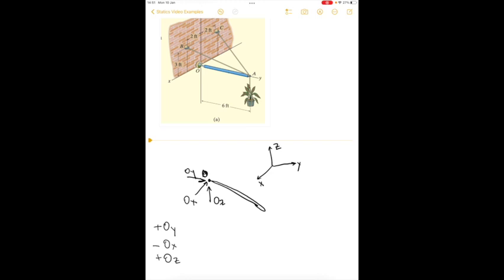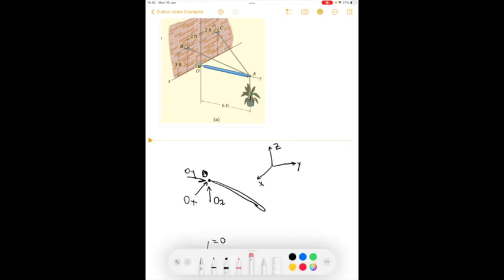Now it's important to remember to use the plus and minus signs in the way that you draw the diagram. So it's always important to think how you expect each force to react and draw it that way. You might find out later that, for example, OX could be equal to 0, or you might get a negative answer, meaning the way you thought it reacted was the opposite of what it turned out to be.